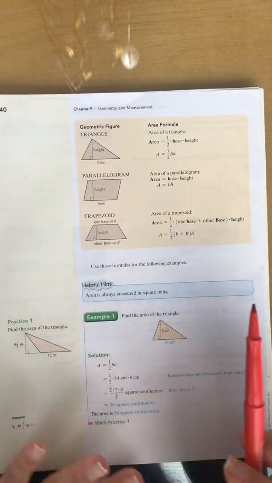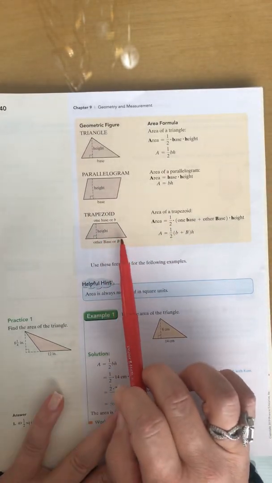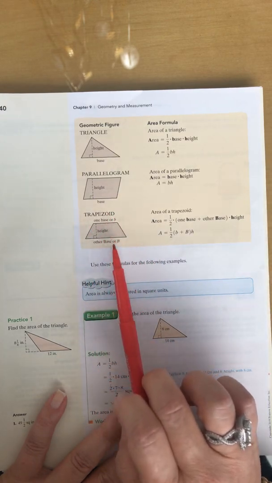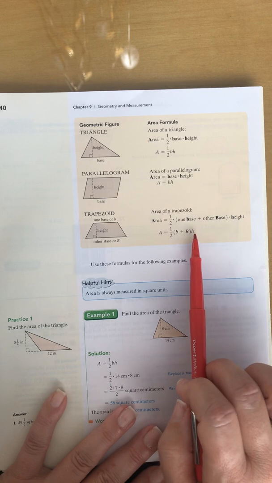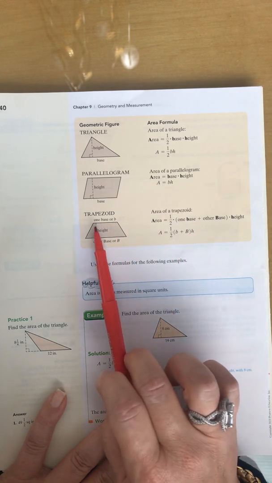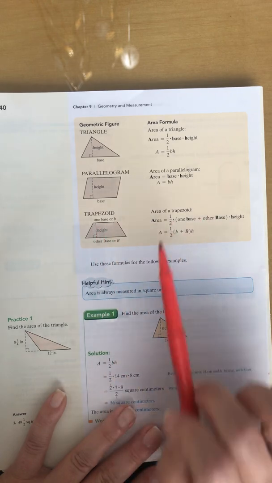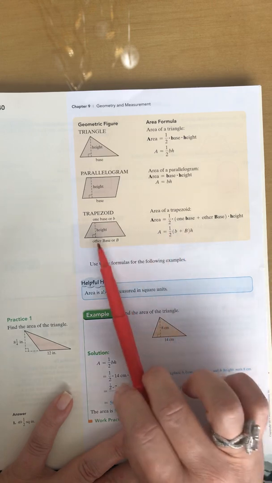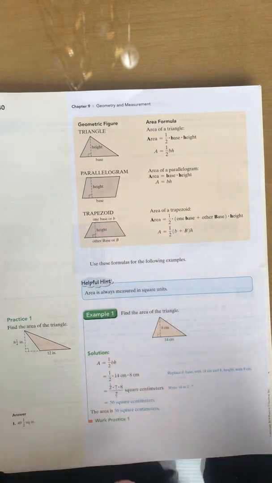A trapezoid has two sides going in and two sides that are parallel. What you're going to do is add the bases, multiply that by the height, and then cut that in half. So it's 1/2 times the sum of the two bases times the height.